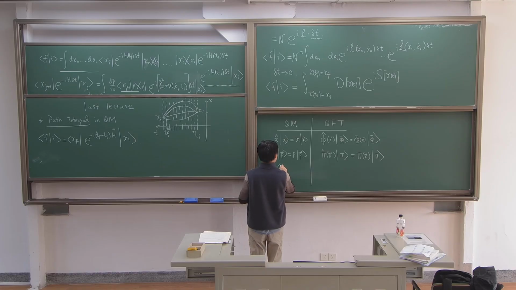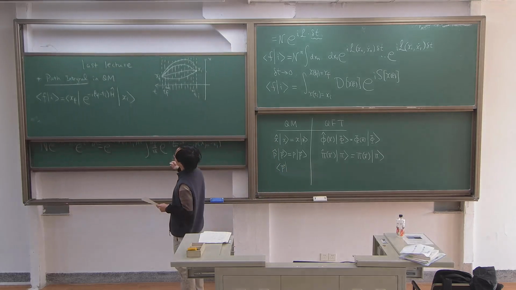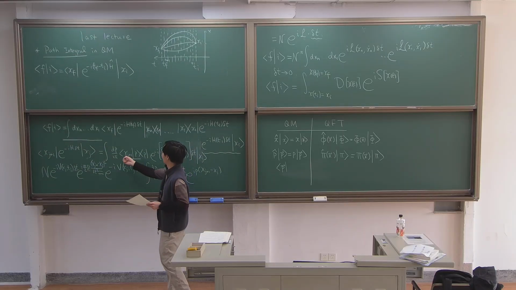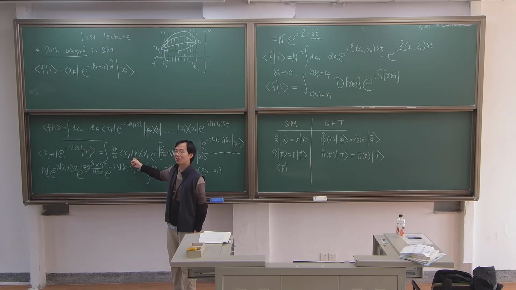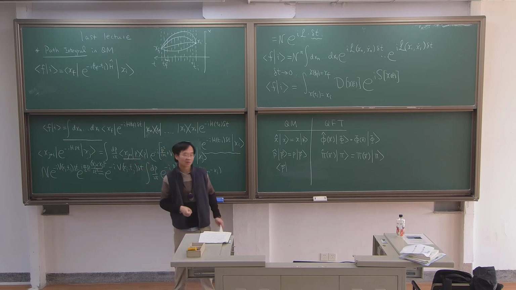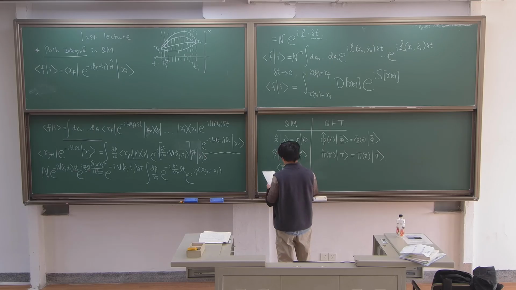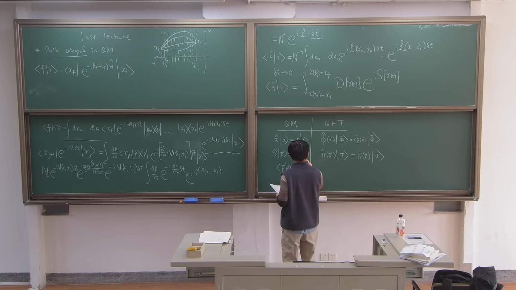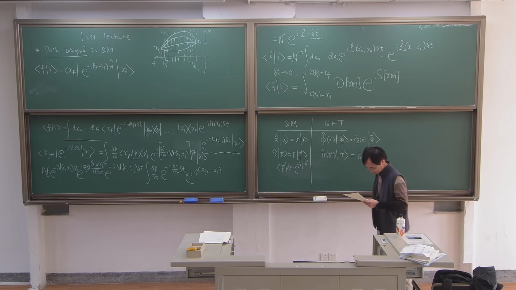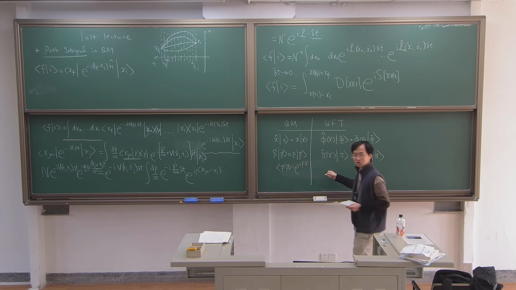And similarly, this is what we used here. In some step, we have to compute this x overlap with p. See, it's the x eigenstate overlapping with p. In quantum mechanics, this is e to the minus i p dot x. Now you have to make the analogy in field theory.